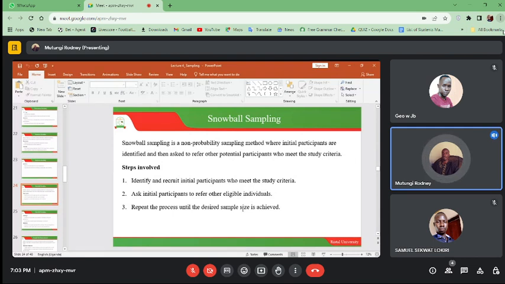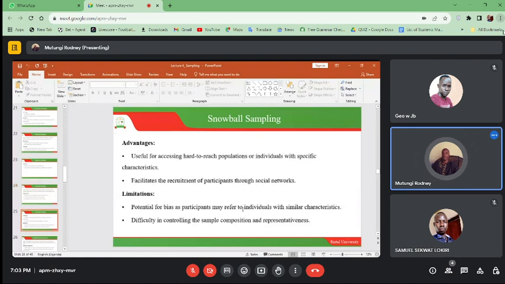So you keep on getting more and more participants from the initial people that you get to, and that will enable you to have a larger and larger sample until you reach, of course, the desired sample that you need. So you keep repeating the process until the desired sample is achieved.